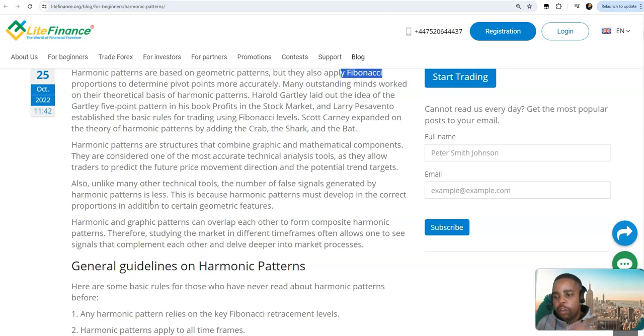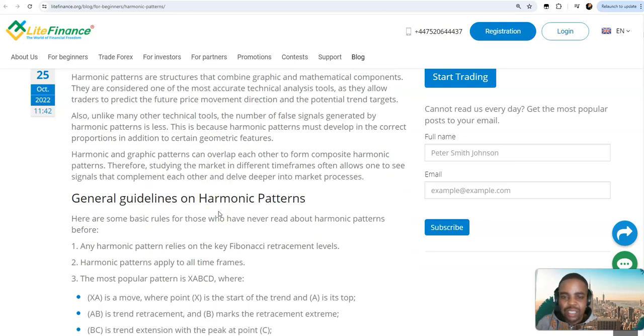Yes, if you do not have accurate measurements, that's why they use Fibonacci to have that measurement accurately. So sometimes you have these false signals, but it's very seldom. This is because harmonic patterns must develop in the correct proportions, in addition to geometric features, which is quite mathematically inclined. Harmonic and graphic patterns can overlap each other to form composite harmonic patterns.